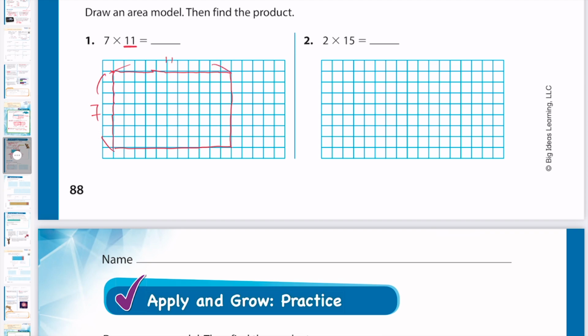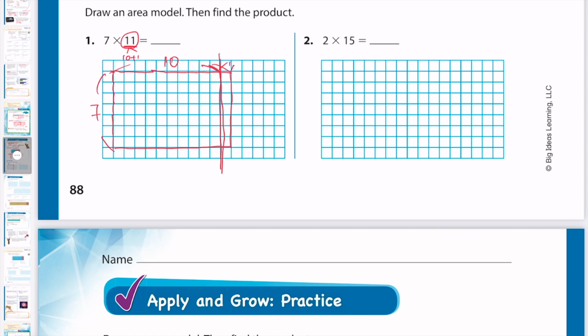But that's not all. I'm going to split that into 10 and 1. So I'm going to break this part into 10 plus 1. So this is 7 times 10 up to here, and this is only 1.